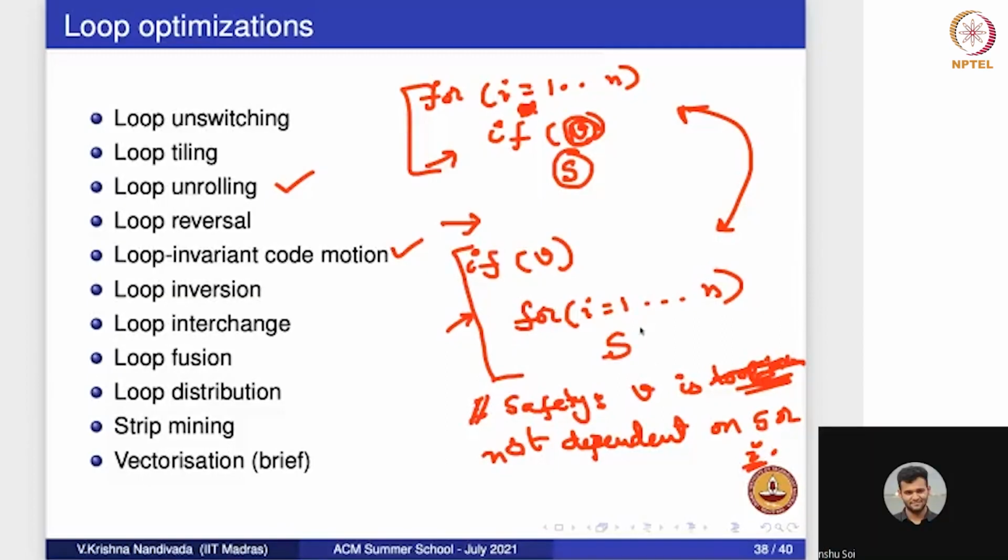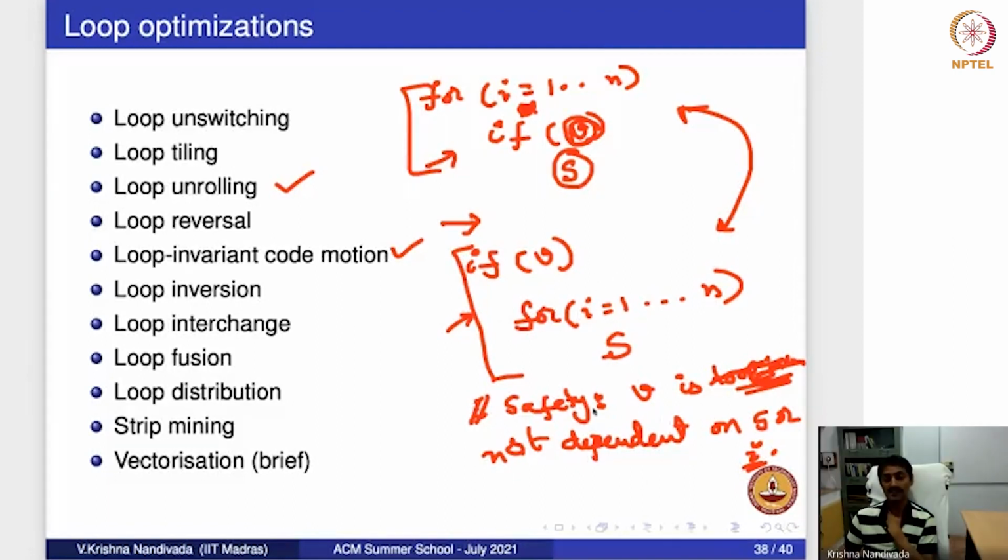No, but V might throw an exception evaluating. No, V is okay. V is not dependent. I wrote V as a variable, but if you want to see V as an expression, then we should say V has no side effects. Right?